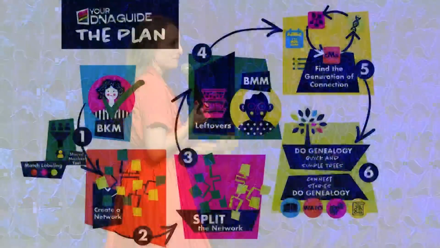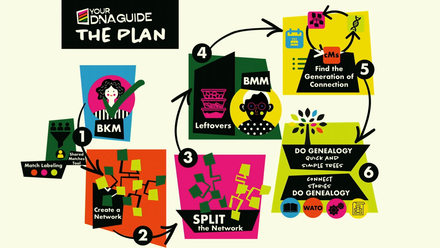So the plan. We have worked through the basic, most important parts of the plan today. It starts with that best known match. Use the shared matches tool and match labeling to identify your network. If you need to, you split that network and you pull out of it the people that don't matter. They're not the ones you need to help you answer your question.